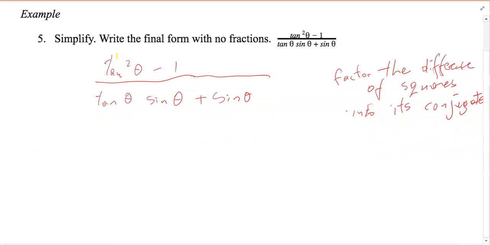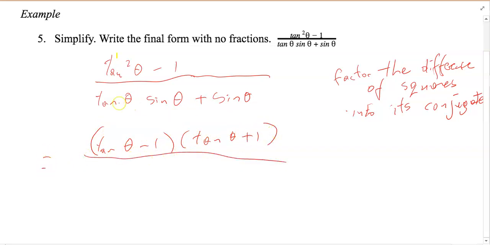Tan squared theta minus 1 will be tan theta minus 1 times tan theta plus 1. Right? And if we factor sine theta from the denominator, we end up with tan theta plus 1 as the other factor.